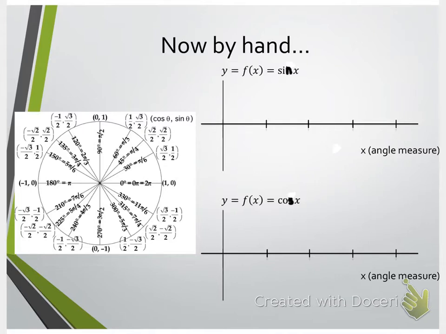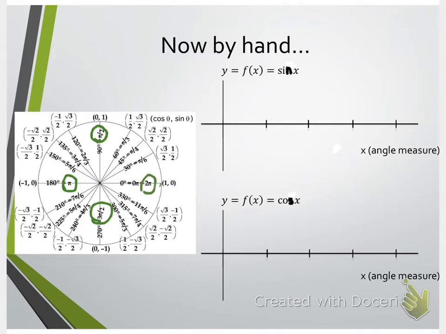But anyway, what we want to do is take the unit circle and do the sine values by hand. For our horizontal axis, we're going to use the quadrantal angles. Remember what those are? We start at 0, then we've got pi over 2, pi, 3 pi over 2, and then back to 2 pi. So those are the ones we're going to use.